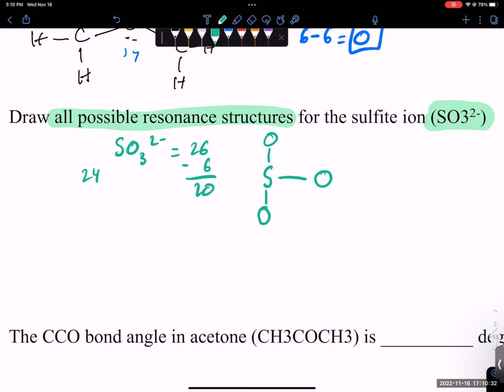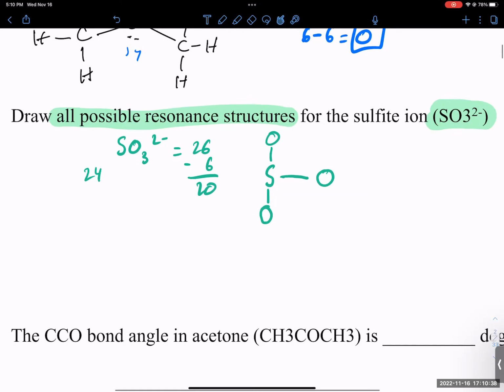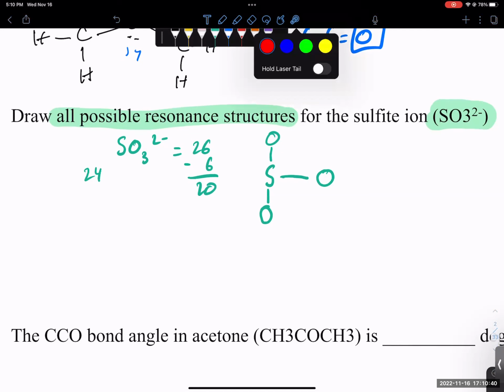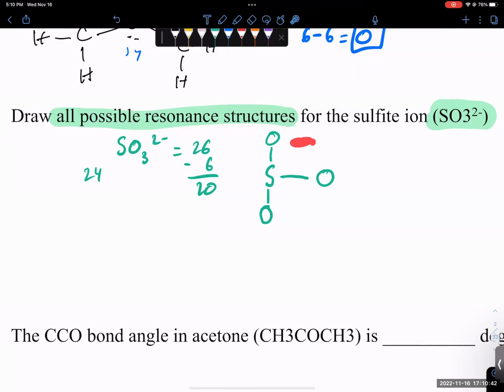8 electrons. So how many valence electrons does this oxygen need to be satisfied?